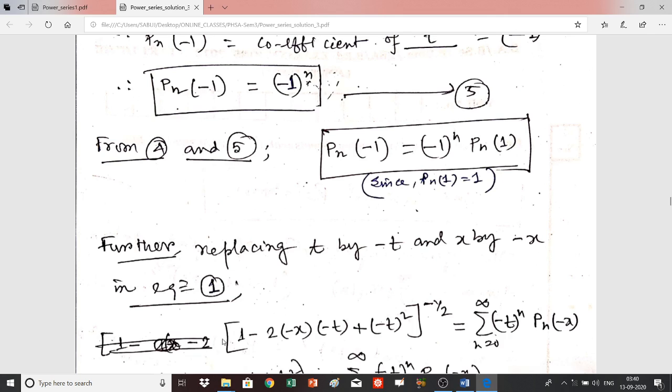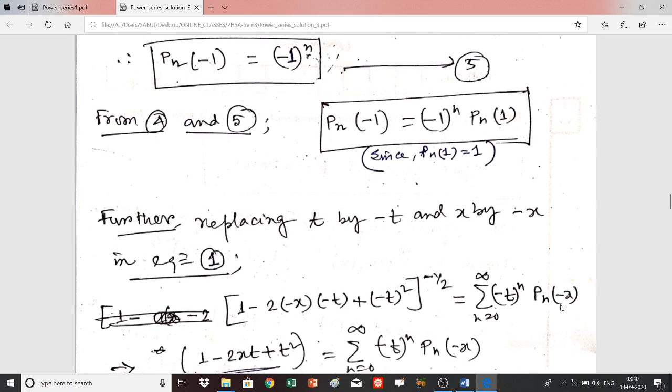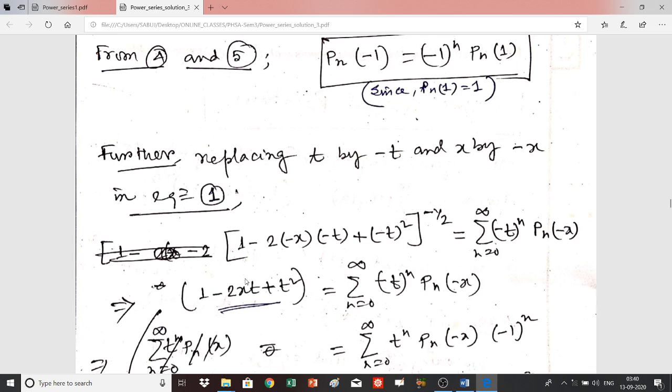So what we will have: the generating function is 1 minus 2xt plus t square, so 2 into minus x into minus t, plus the last term, minus t square, to the power minus half, that is equal to the sum for n equal to 0 to infinity. Since t is replaced by minus t, it will be (minus t) to the power n, and x is minus x, so Pn(-x). Okay, so this term will remain the same.